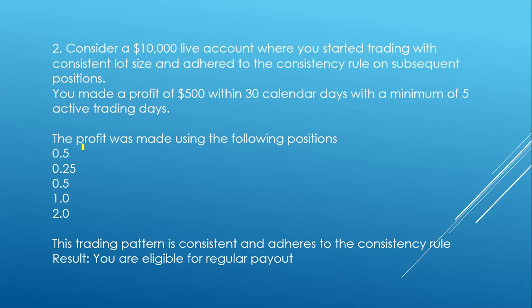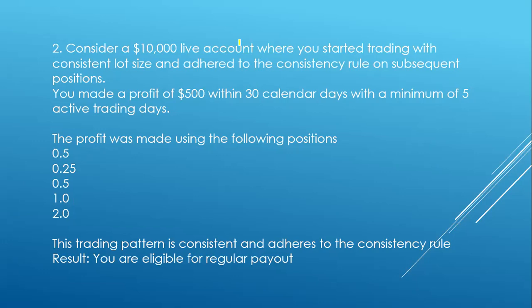And then they notice that your first lot size was 0.5, no problem. Then you use 0.25, you use 0.5, you use 1.0, any of this. Your lowest position was 0.5, which is half, and your highest was 2 lots, which is times 4. That is okay. Remember, you must not go less than half, and must not go more than times 4 of your first lot size.